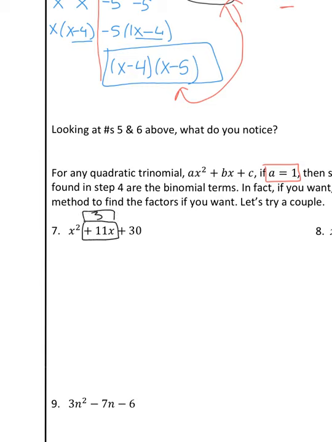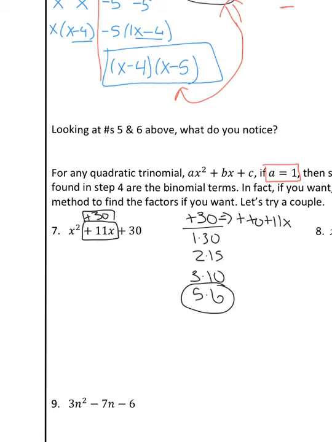And we're trying to find positive 30. So if I think about positive 30, my factors here, I have 1 and 30, I have 2 and 15, I have 3 and 10, and I have 5 and 6. And remember, because it's positive, we're adding to a positive 11x. 5 and 6 are 11. 5 and 6, they both need to be positive because it's a positive 11.